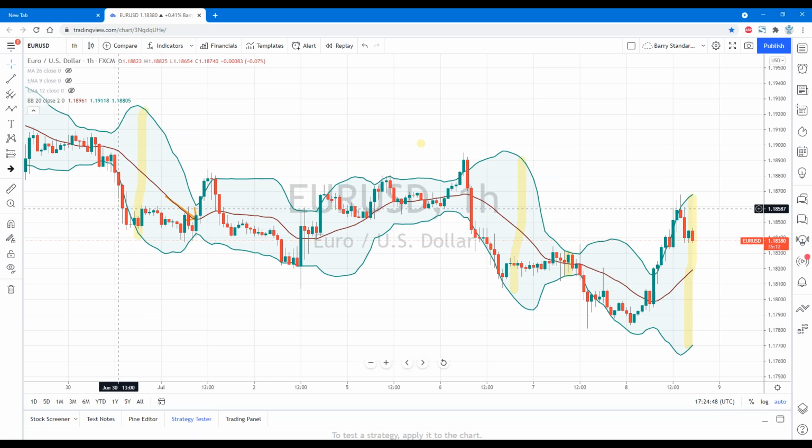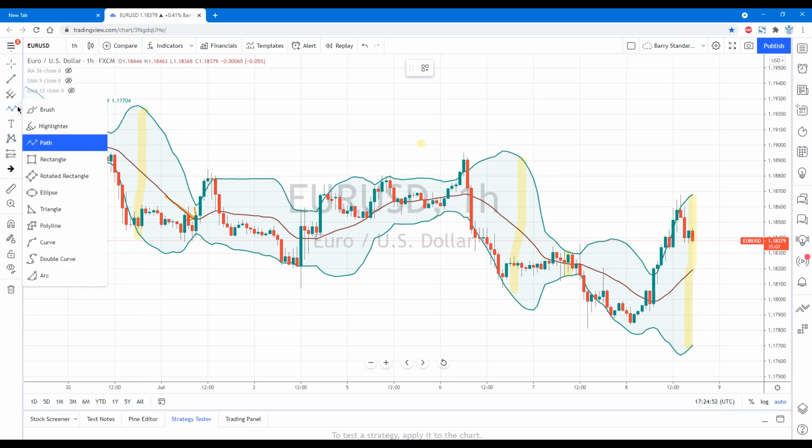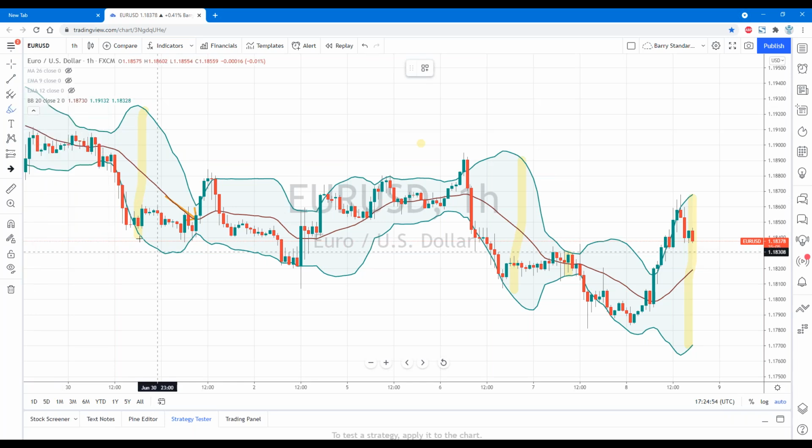It is here, here. This is called riding the bands, when the price stays hugged to the bands.